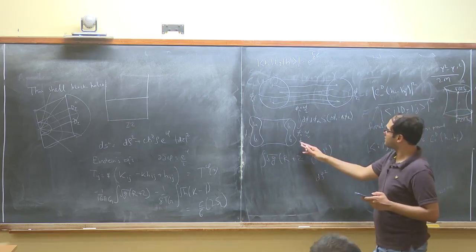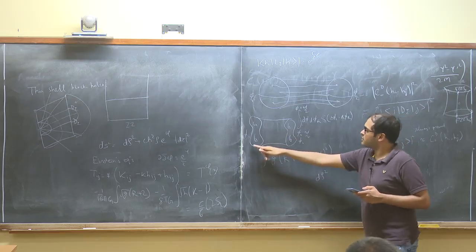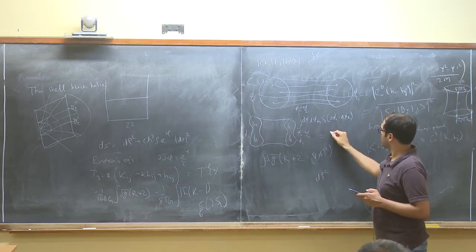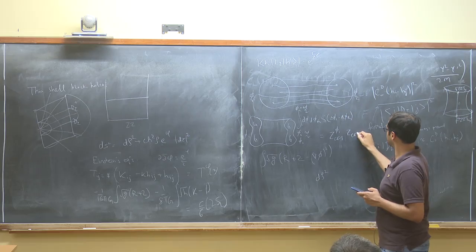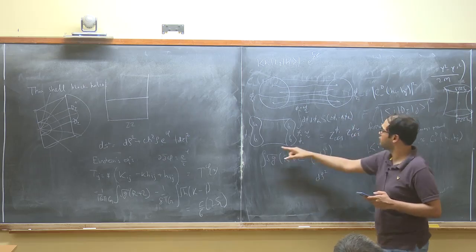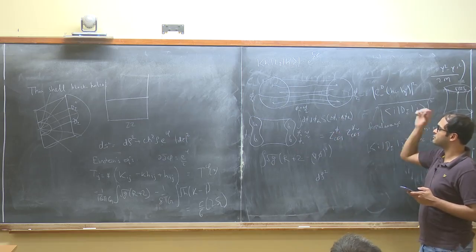So on the CFT side, the question that I want to ask is, this is computing the CFT partition functions of two marginally deformed CFTs. So this wormhole is a contribution to the product of partition functions in marginally deformed CFTs.